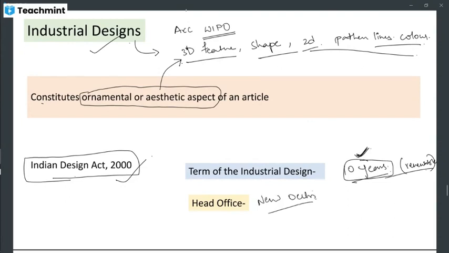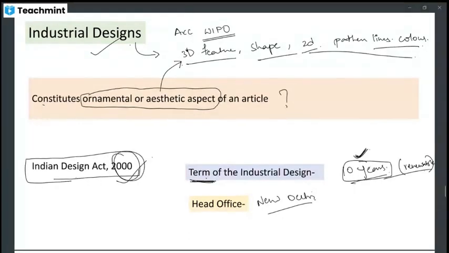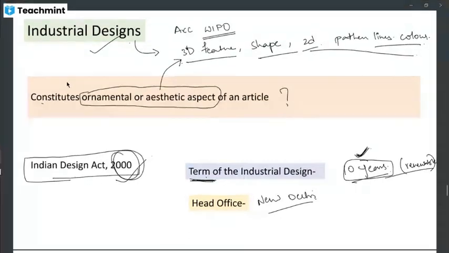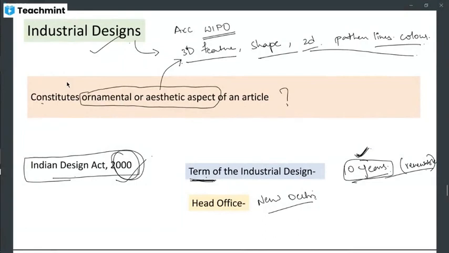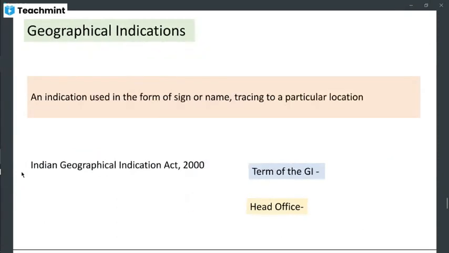The year of these acts, the terms, and the definitions are most important. You need to know the definition of a patent, a copyright, a trademark, and an industrial design, the acts in India and the years they were passed, the terms of the different forms of protection, and where the head offices are located. So please be clear about this.